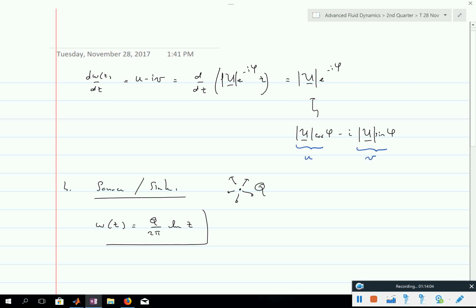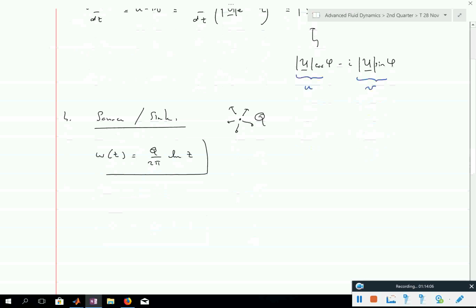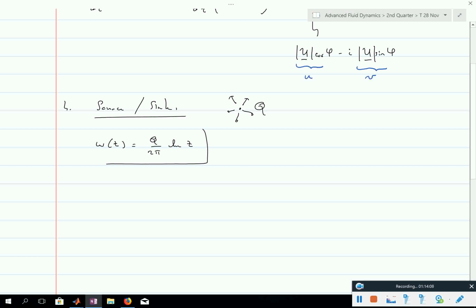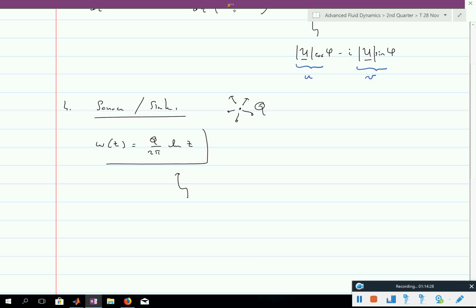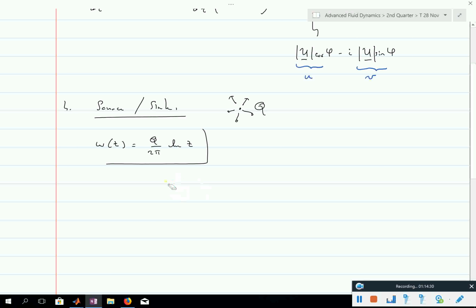And just so you're confident that you can do it, let's look a little bit at how you would play with that. If you wanted to look at the potential and the stream function, let's go back to this.